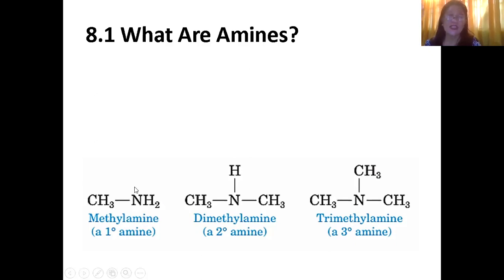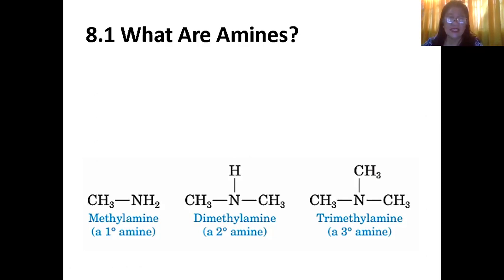So how will you know it is a primary amine? If your amine still has two hydrogens. I will tell you that it is a primary amine if your nitrogen still has two hydrogens, NH2. Dimethylamine is a secondary amine. In what way?